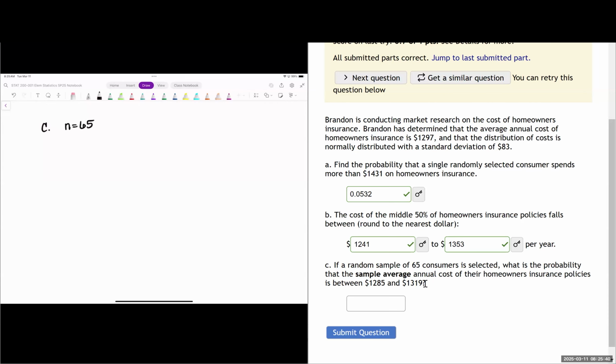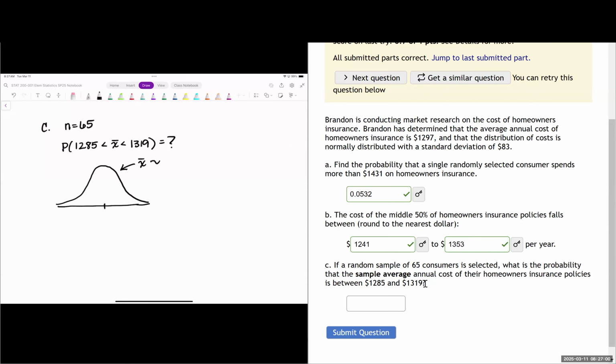The probability we're looking for is a between probability, but it's not about X, it's about X bar. So we can state the probability in probability notation, but the value we're looking for is a probability related to X bar. And so the distribution is no longer the X distribution, it's the X bar distribution.